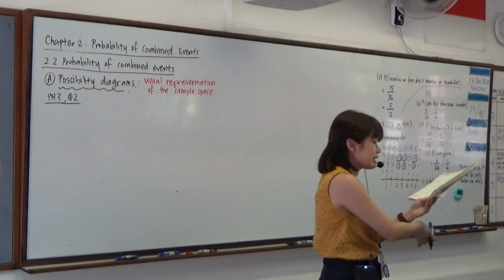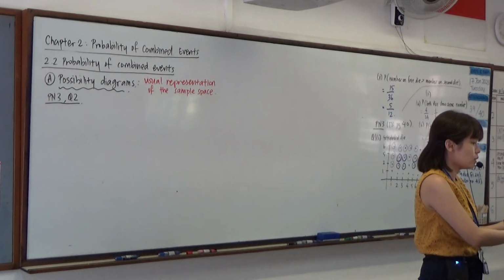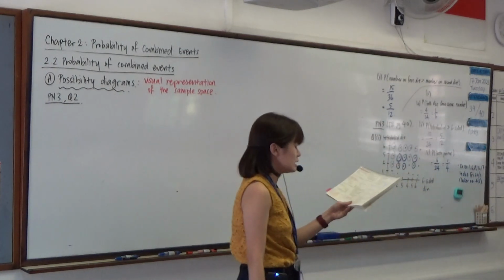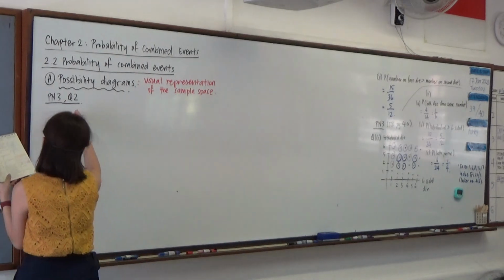I shall only write down a summary of the question. I won't write the full question, okay? Looking at question 2 in your textbook, page 40, it says that a bag contains 5 cards and the numbers are 1, 2, 3, 4, 5.